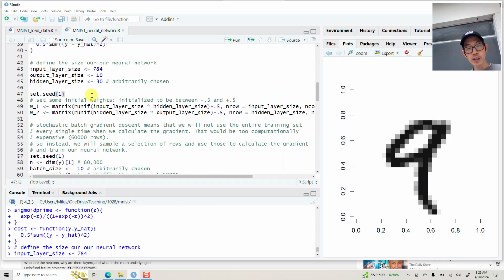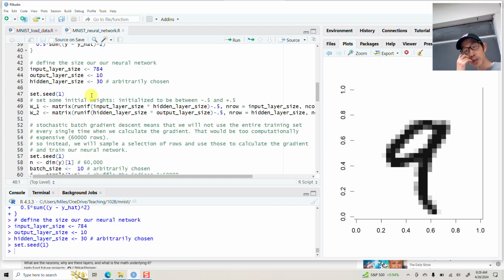So I have 2 weight matrices, W1. The dimensions of W1, our first weight matrix, will be 784 by 30. I'm going to generate a bunch of random uniform values. runif generates values between 0 and 1, and I'm going to slide those over 0.5 to the left, so this will generate values between negative 0.5 and positive 0.5.